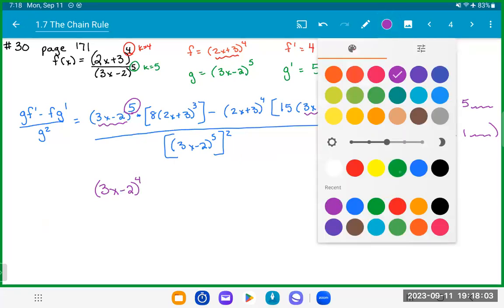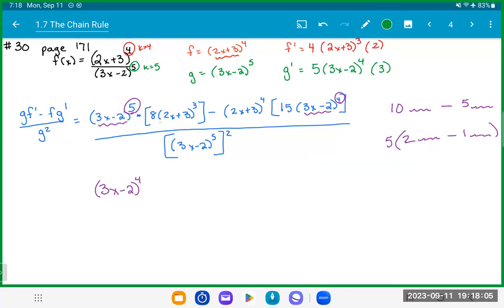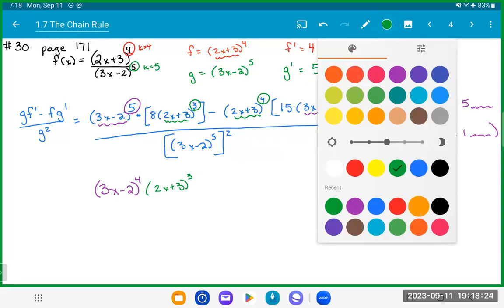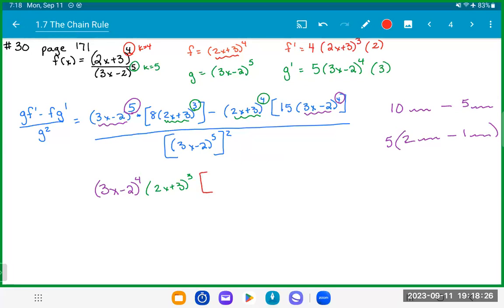Okay. I can also pull out a factor of 2x plus 3. In these, I have an exponent of 3 and an exponent of 4, so I have to pull out the smaller one. So that's 2x plus 3 raised to the 3rd power. And then what's left here is the remainder, right?